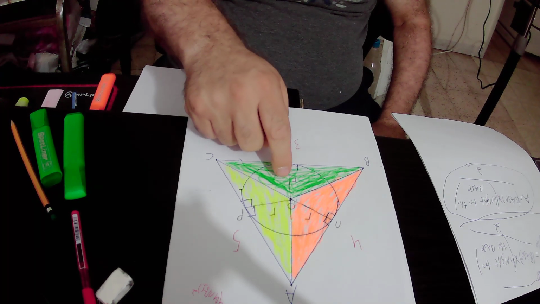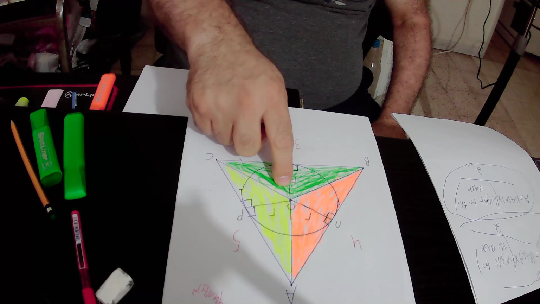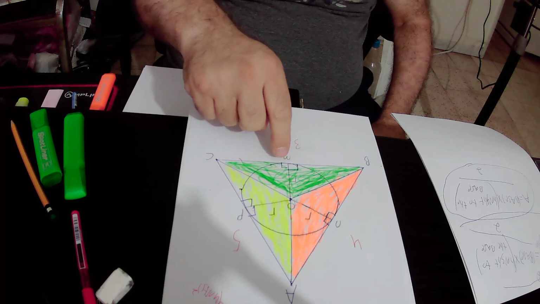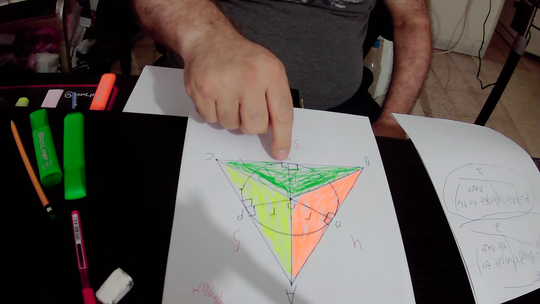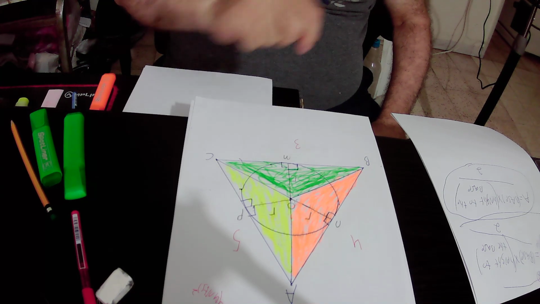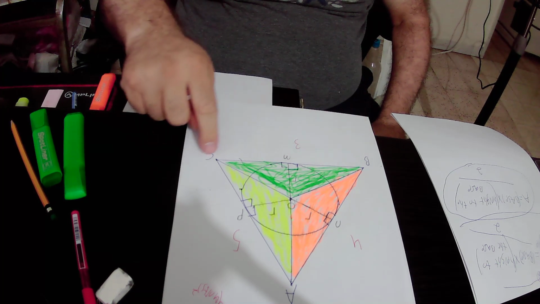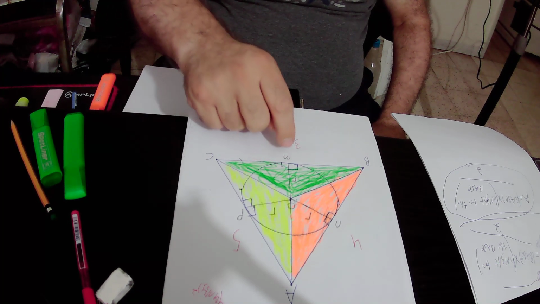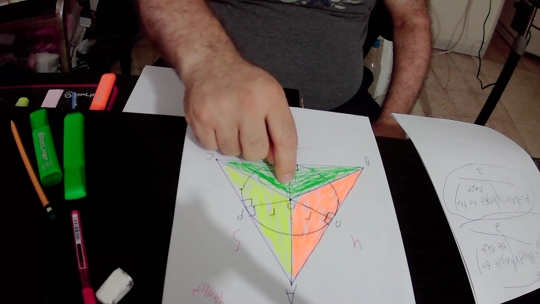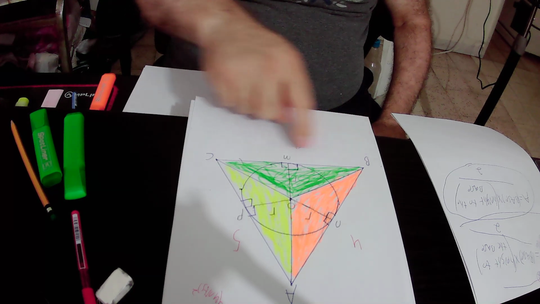For that reason the radius of this circle is the height of this triangle, because it creates 90 degrees with the base. So the height of this triangle is the radius and the base is 3 units.